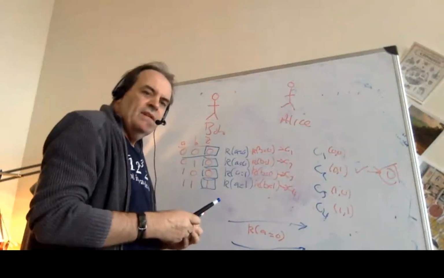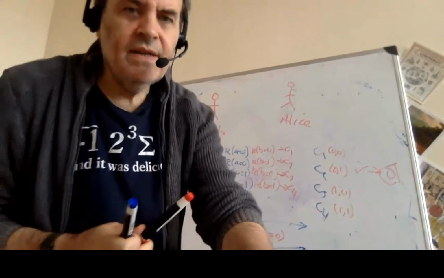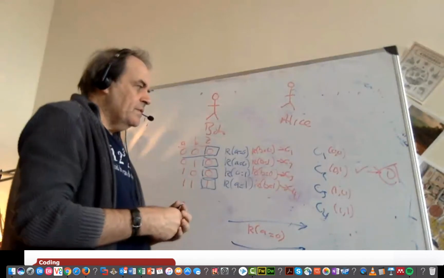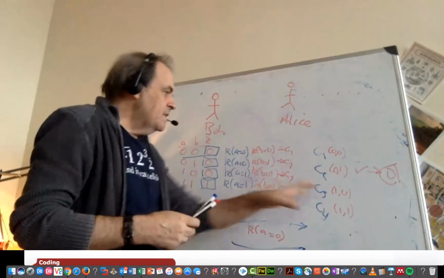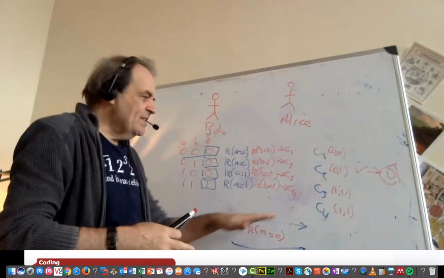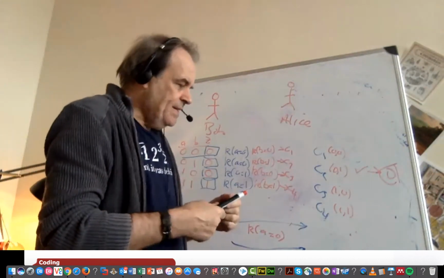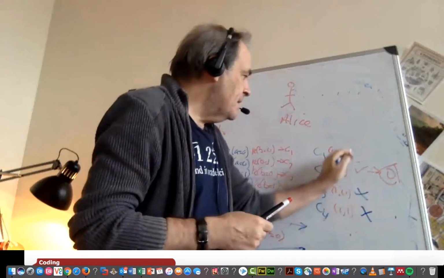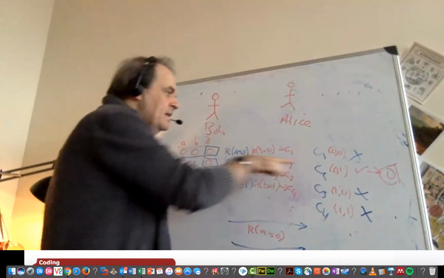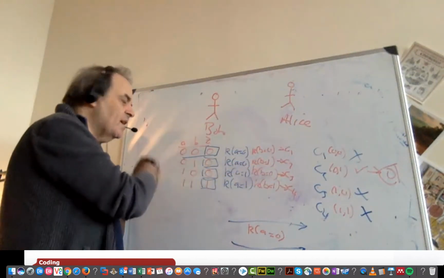So it means that the answer is false to the decision. She tries the next one, it won't work because it's the wrong keys, and she tries the next one, and that doesn't work either.